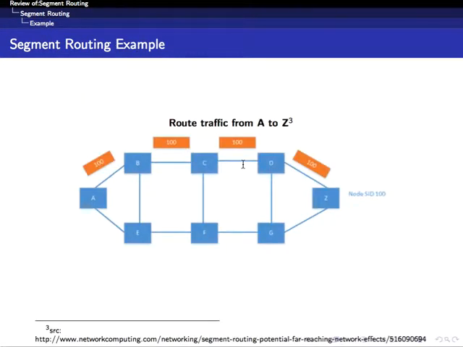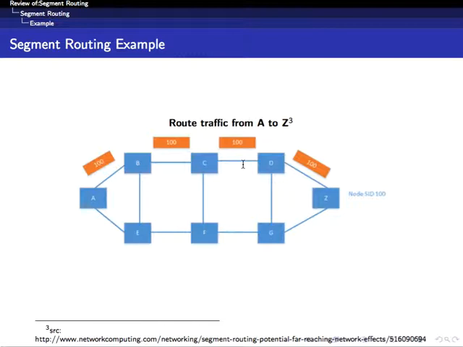For example, consider the following traffic. There is a bunch of routers from A to Z, and using segment routing, we'd like to flow data from A to node Z. In this case, we pass to the traffic that it has to reach the node with SID 100, at node 8.